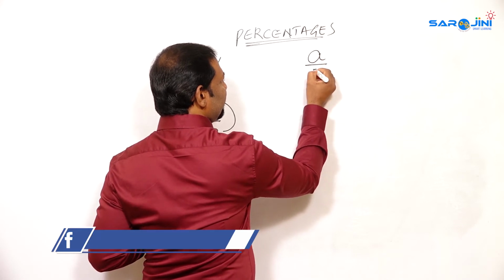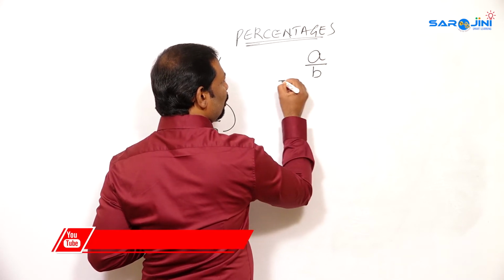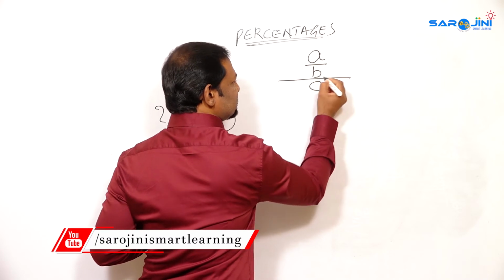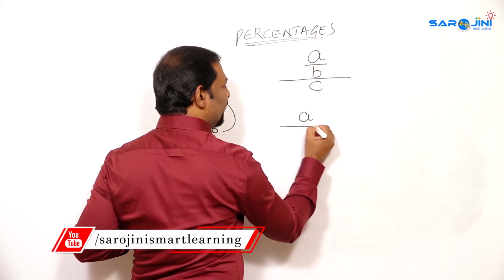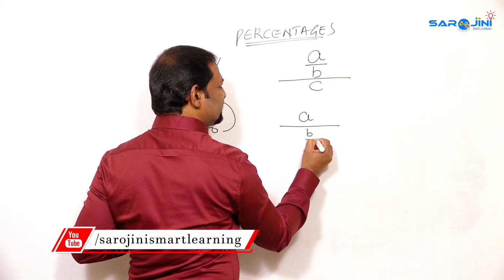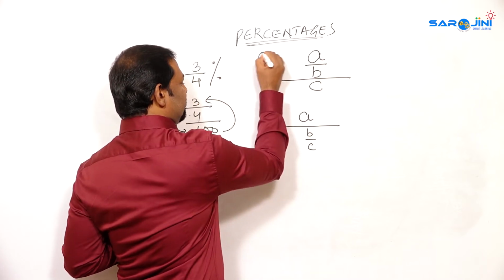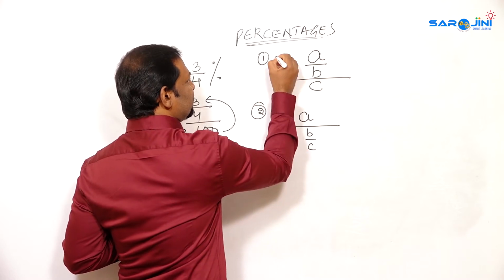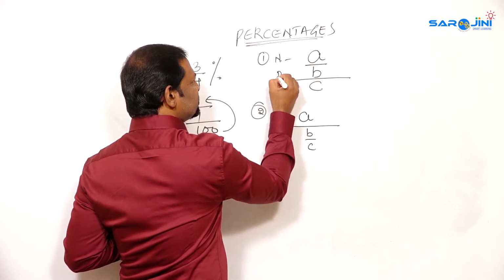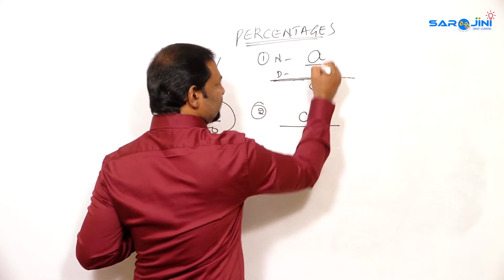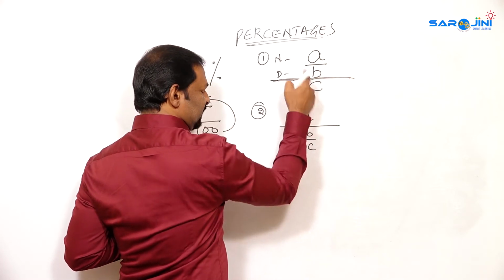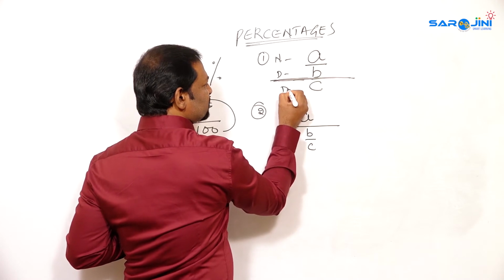(A by B) whole divided by C. This is one part. A by B by C. This is the second part. Try to understand: this is the numerator, this is the denominator, and this is the main line dividing the equation. Again, this is also a denominator.